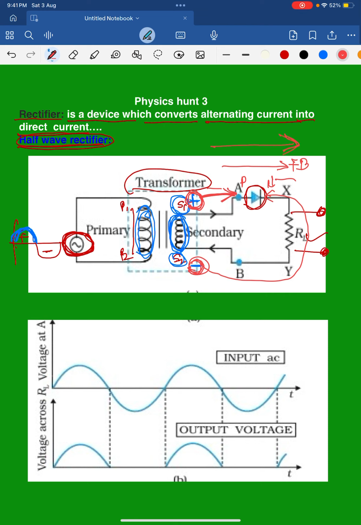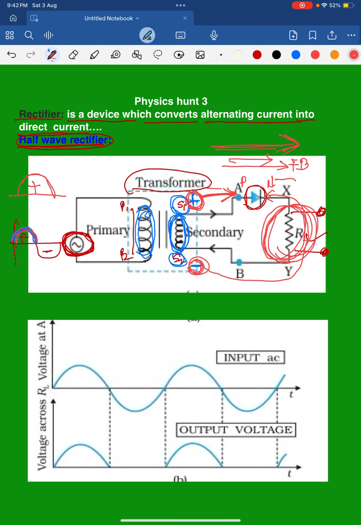Therefore, there will be a steady current passing through the PN junction, and we get a resultant output in the load resistance RL. So we first gave a positive half input, only the positive half cycle of input, and for that we got a resultant output in this load resistance.